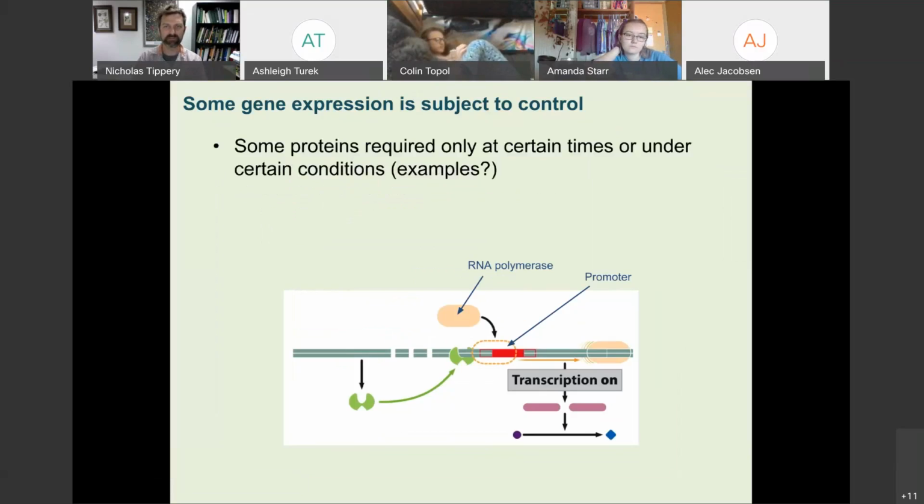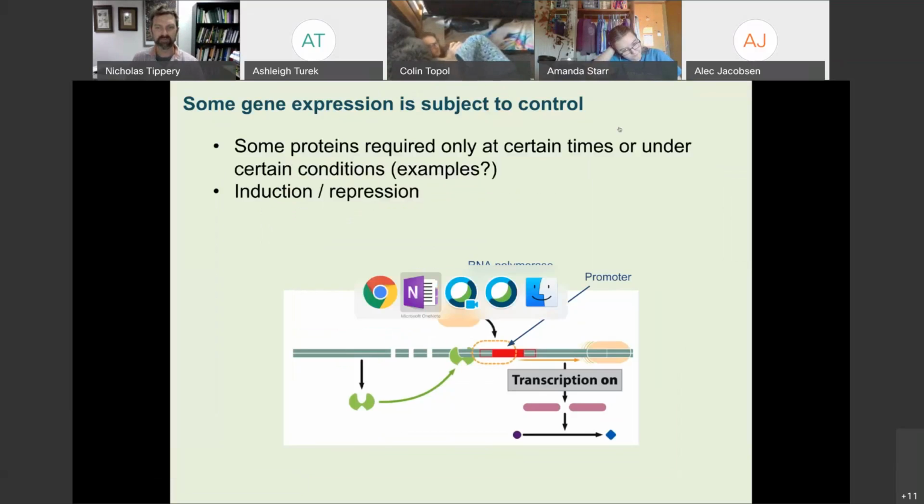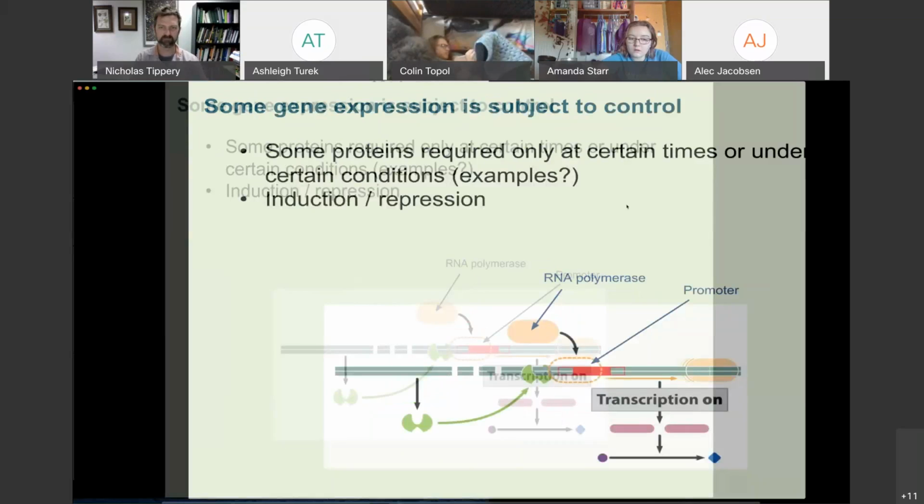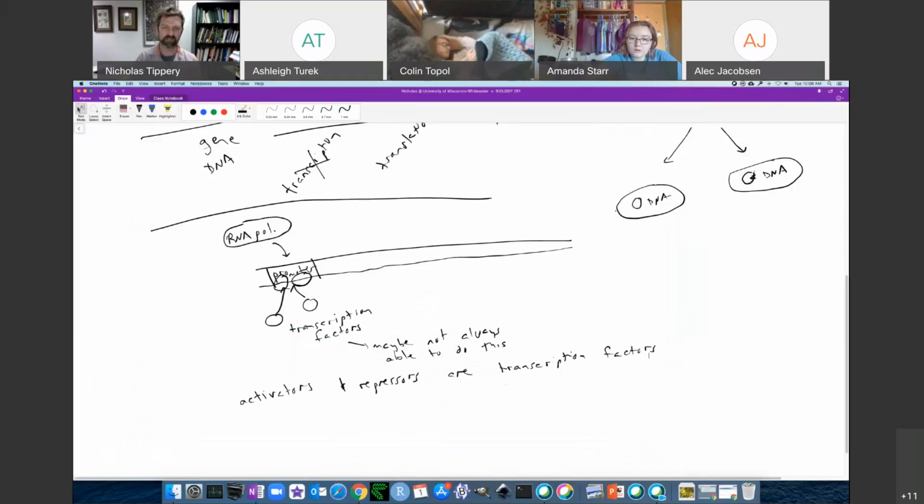All right, so we've seen this, proteins that are not always required. Some transcription is what we call induced, and some is what we call repressed. So we're going to see a whole bunch. Unfortunately, this whole topic of gene expression in bacteria has a lot of sort of two sides of the coin ways to look at things.